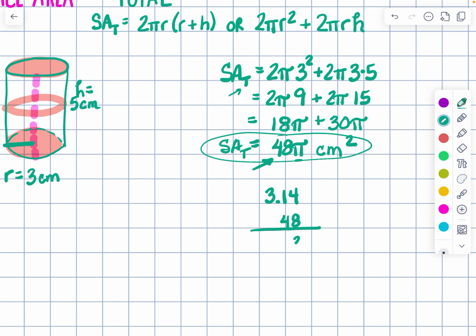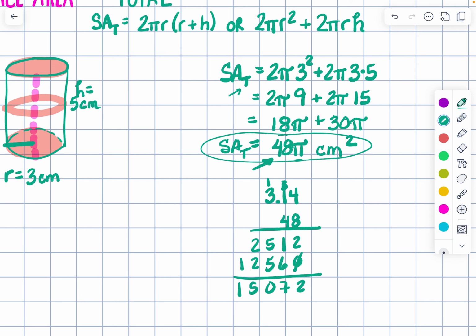Let's see, 4 times 8 is 32, plus 8, 9, 10, 11, 3 times 8 is 24, and 1 is 25. Placeholder, 16, 4 times 1 is 4, plus 1 is 5, and 3 times 4 is 12. Now let's add all this together. 10, 5, 1.